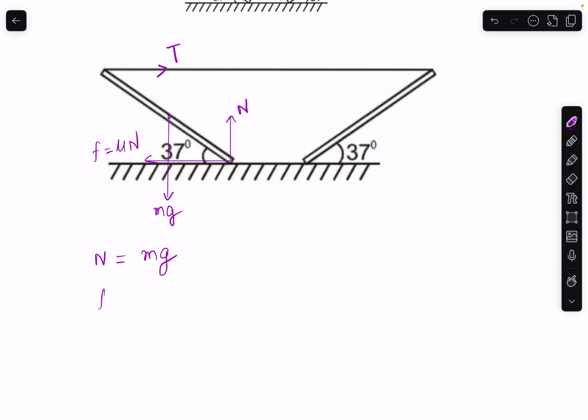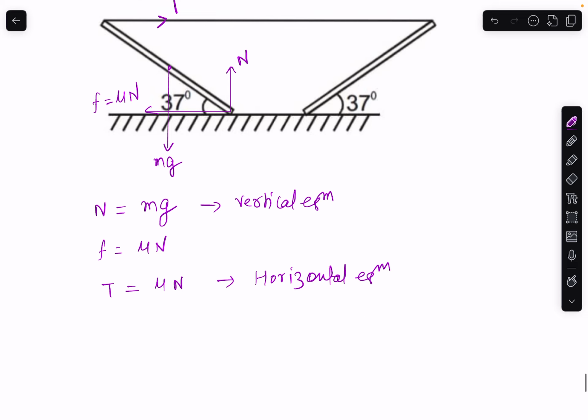Also, the friction force should be equal to mu times N. And for horizontal equilibrium, we must have T equal to friction, or T equal to mu times N. So this equation comes from horizontal equilibrium. Let us say this is equation number 1 and this one is equation number 2.